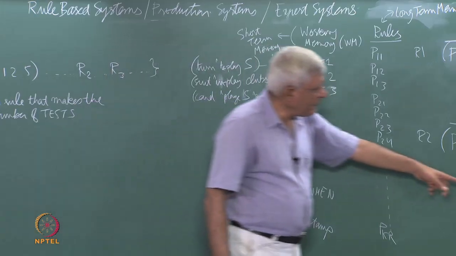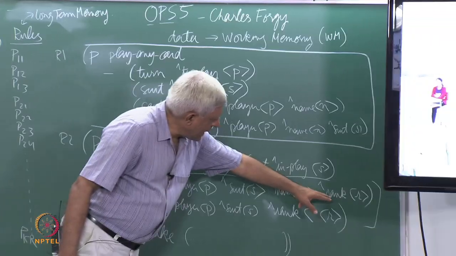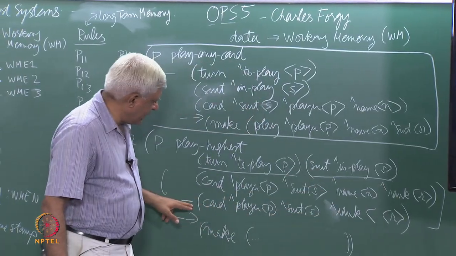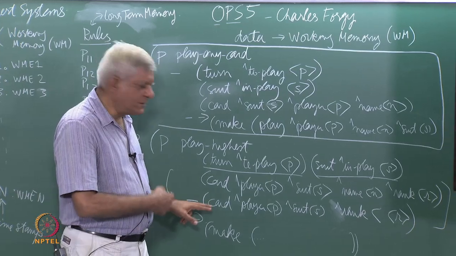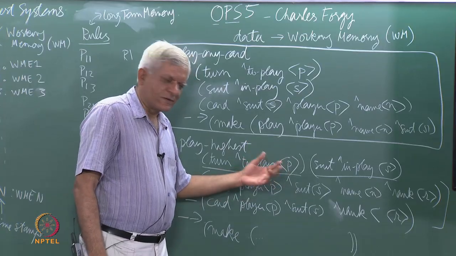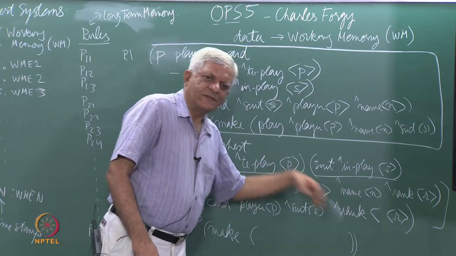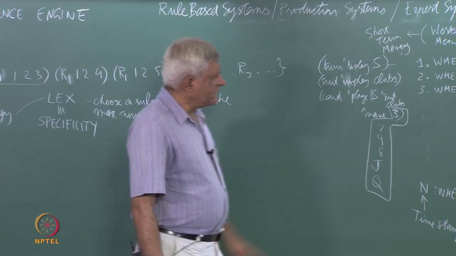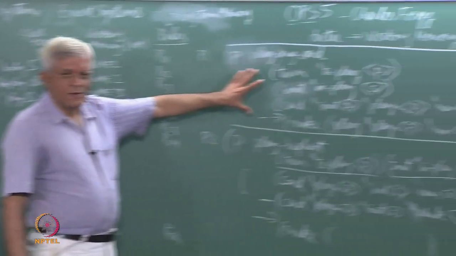Why? Because we have said that if the rank of this card is R, then there is no card held by this player whose rank is higher than R, which means the number is lower than R. So, this rule is more specific than this rule.